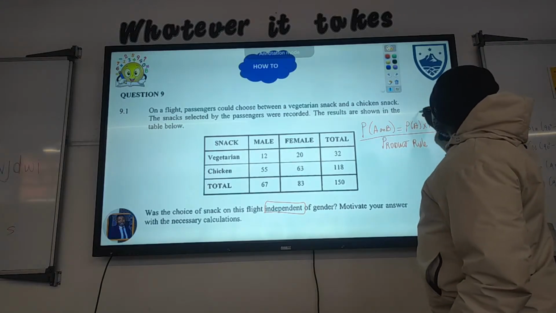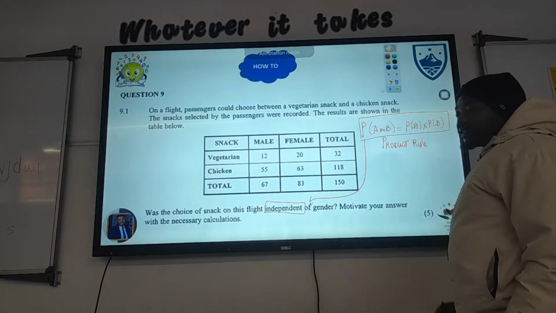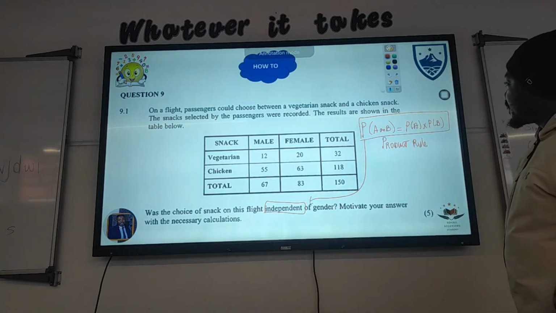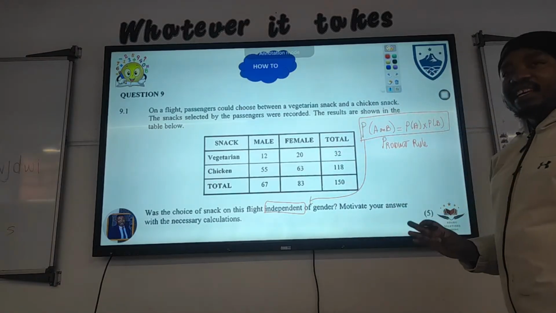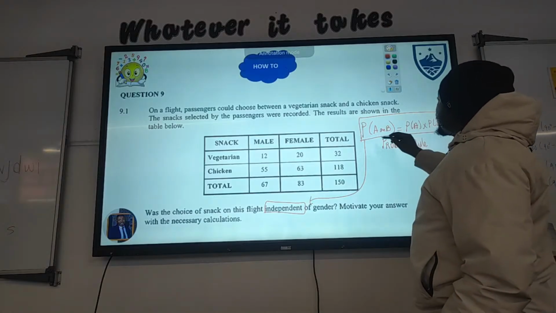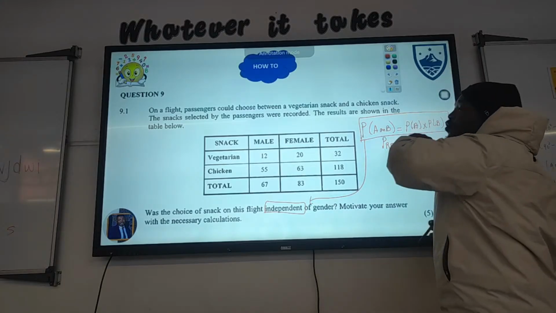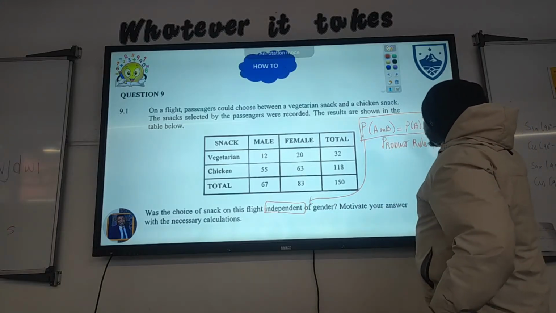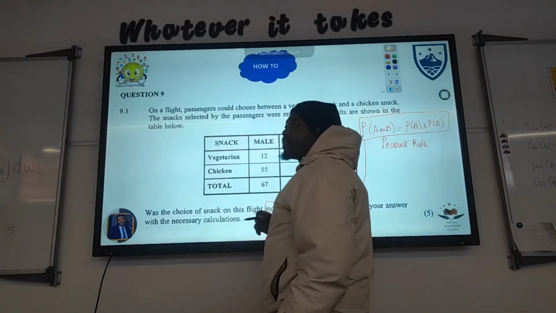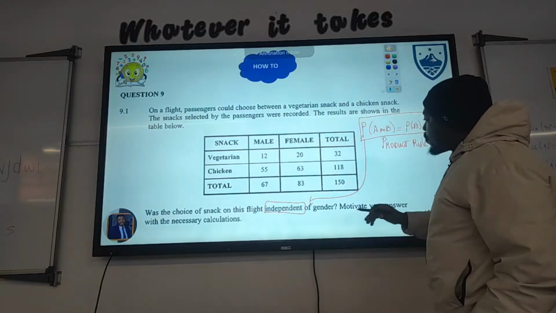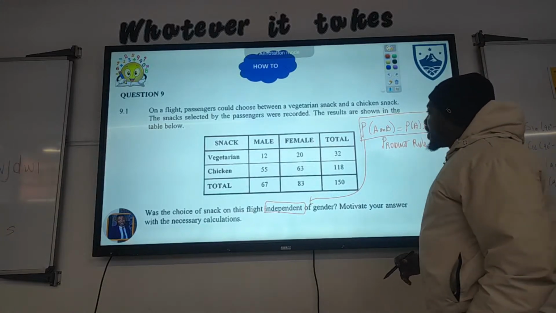This comes immediately when you see this word, independent or dependent. If the probability of A and B happening at the same time is the same as the probability of A multiplied by the probability of B, and they are equal, then you can say that the two events are independent. If not, they will not be independent. So please guard against that.